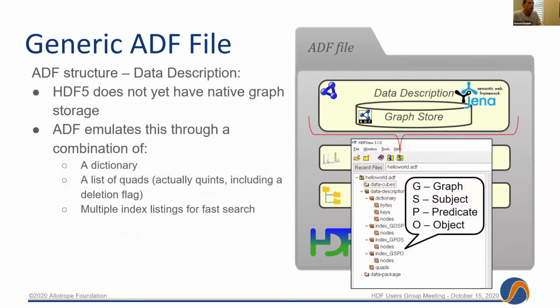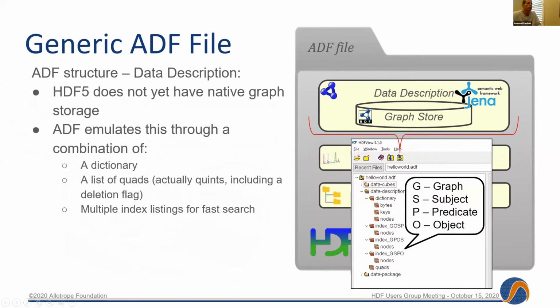Now we're getting to the interesting part, which is the data description. So how do we create a very rich, very powerful semantic layer within an HDF5 file, which takes HDF5 to the next level of contextual metadata, as opposed to simple attributes?